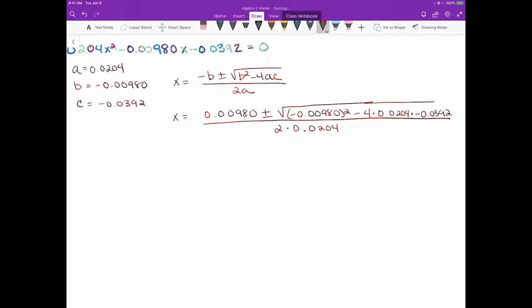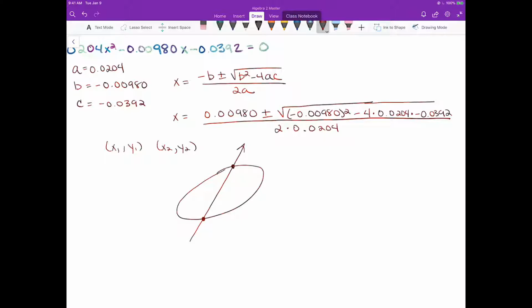And you should get two values for x, which means you should get two values for y, because you should get two coordinates, x1, y1, and x2, y2, which means there would be 2 points on the elliptical orbit where the asteroid would intersect the satellite.